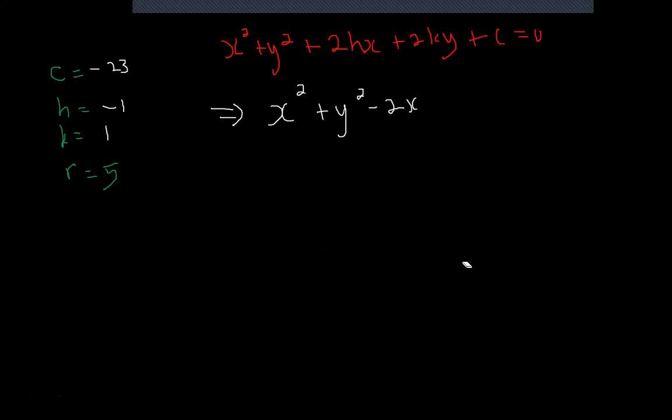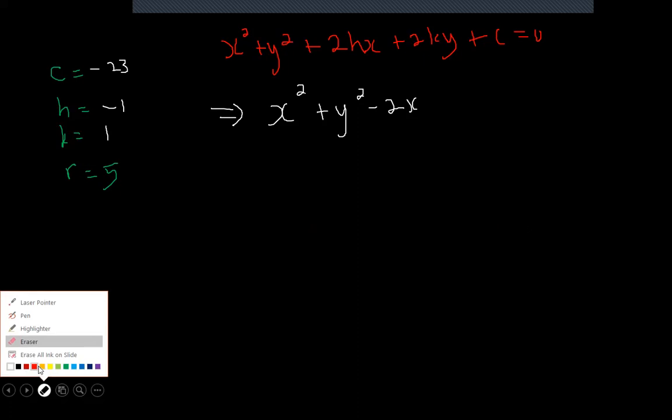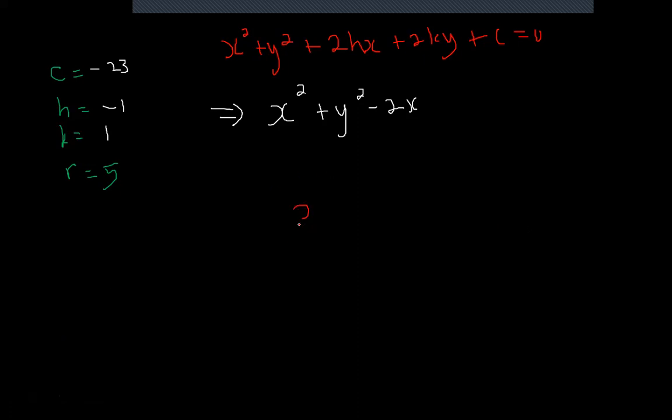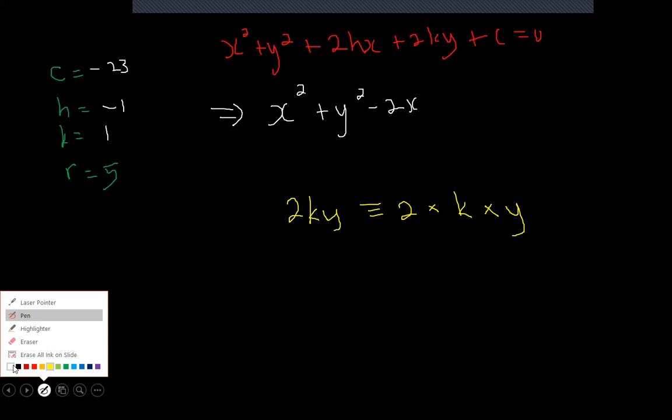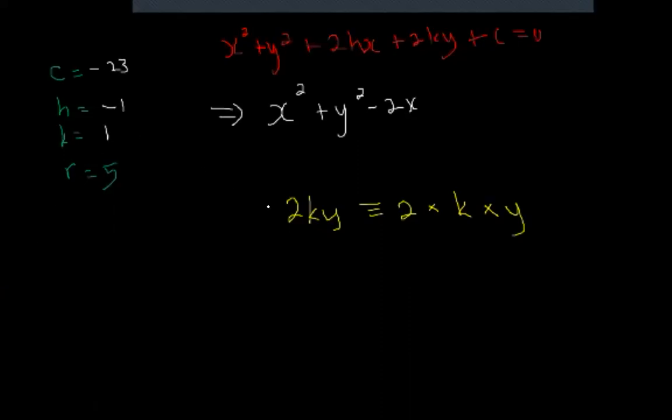Same concept goes for 2ky. 2ky is the same as 2 multiplied by k multiplied by y. We found out that k is 1.